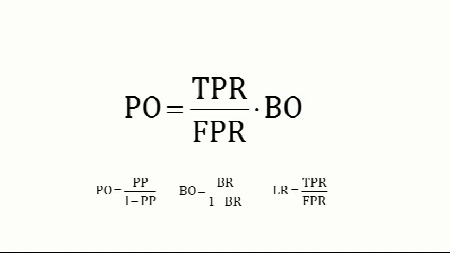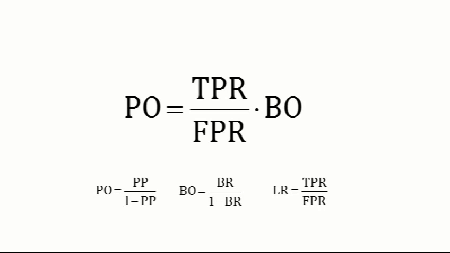Odds are simply the ratio of a probability by its complement to 1. So, for example, if the probability is 20%, the odds are 20% over 80%, that is 1 to 4. While probabilities go from 0 to 1, odds go from 0 to infinity.